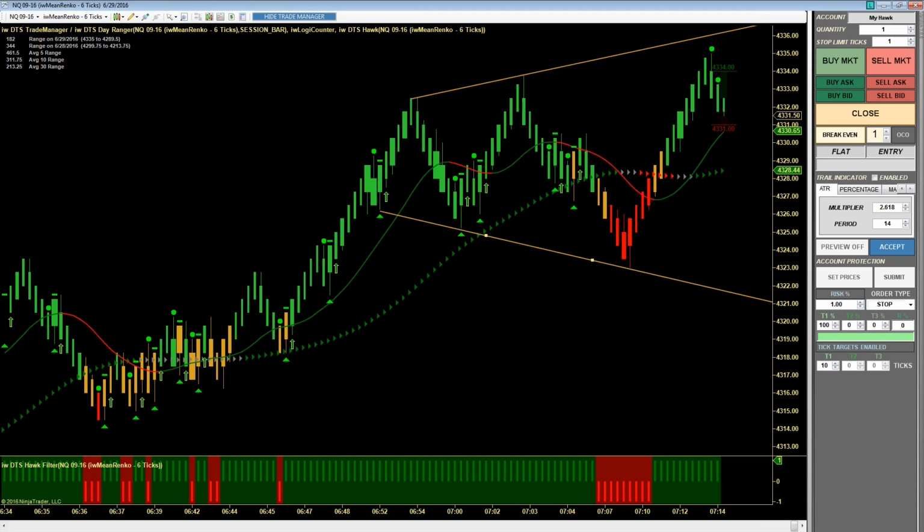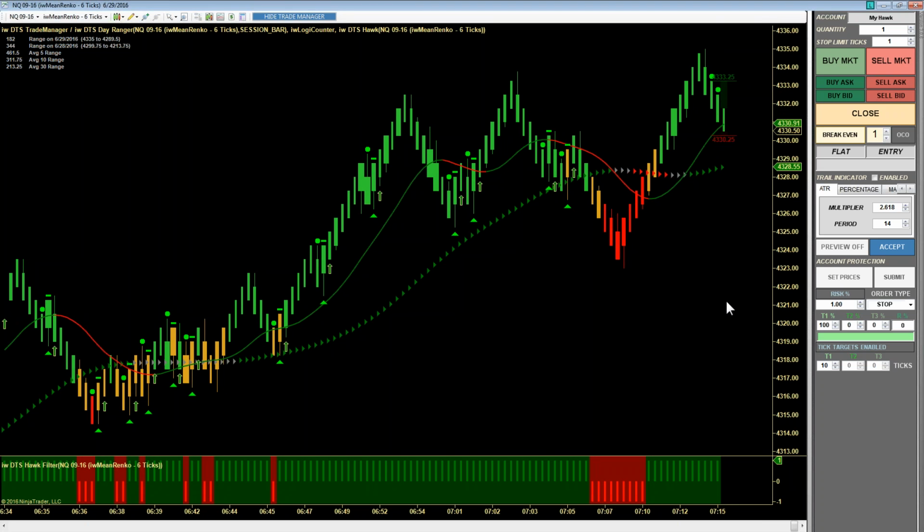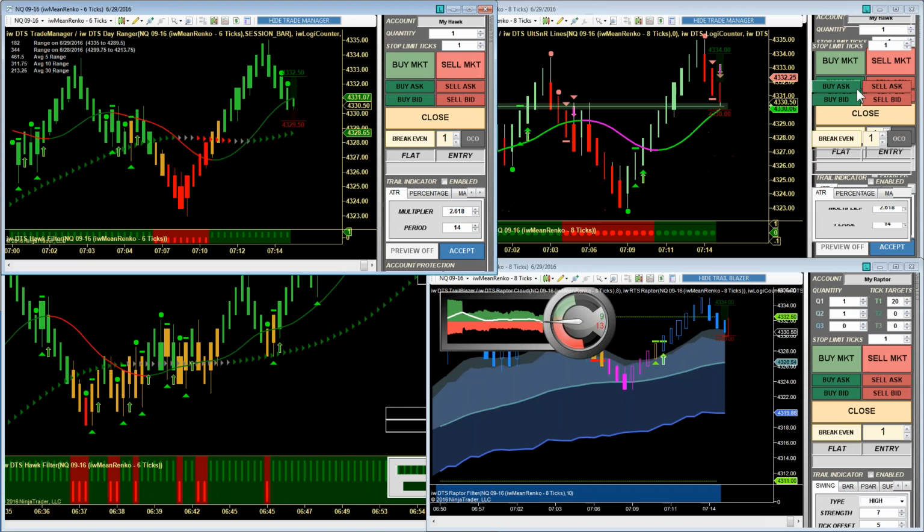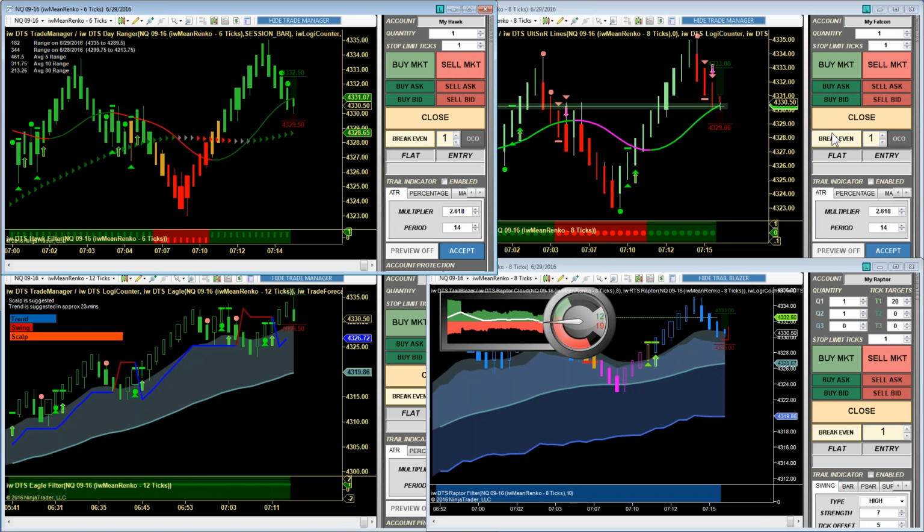About to print another first micro-macro cross. We just have the warning dots. No signal just yet. What do we have going on here?